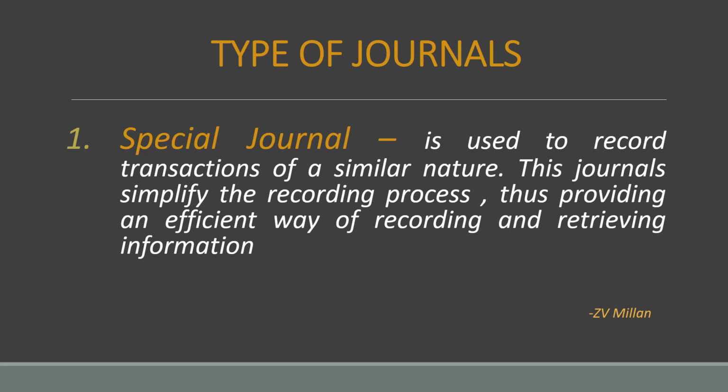Through the use of these special journals, we are able to simplify the recording process. Napapadali natin yung pag-record ng paulit-ulit na transactions. Thus, we can have an efficient way of recording and retrieving financial information.